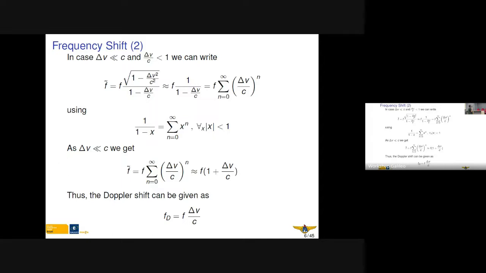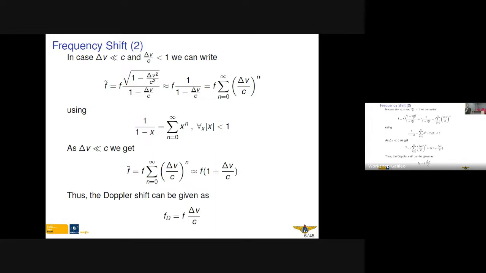We can now use this approximation and we get to the case that the apparent frequency F tilde at the receiver is related to the frequency at the transmitter times 1 plus delta V divided by c, and thus the Doppler shift of this frequency. So now the Doppler shift FD can be given by F times delta V divided by c.